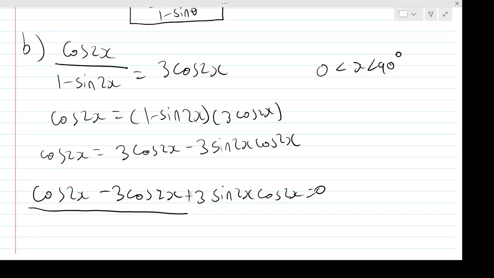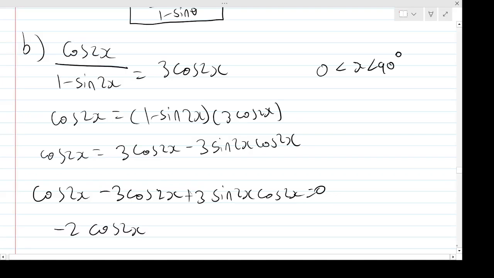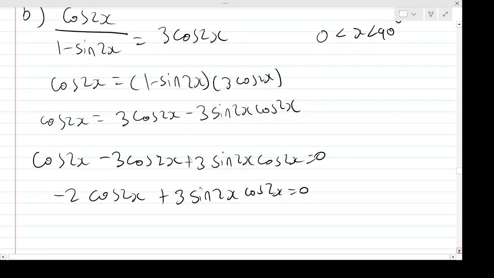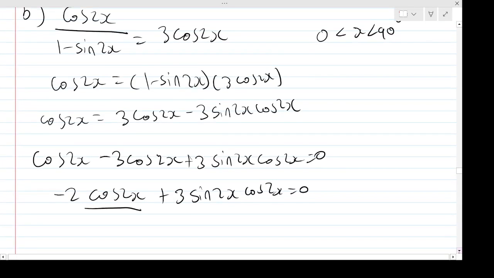Cos 2x minus 3 lots of cos 2x is overall minus 2 lots of cos 2x, just collecting like terms. 1 lot of cos 2x minus 3 lots of it is minus 2. Then I also have the 3 sine 2x cos 2x equals 0. Now what we're not going to do at this point, I notice there's a cos 2x, I could cancel that out. I'm not going to divide.